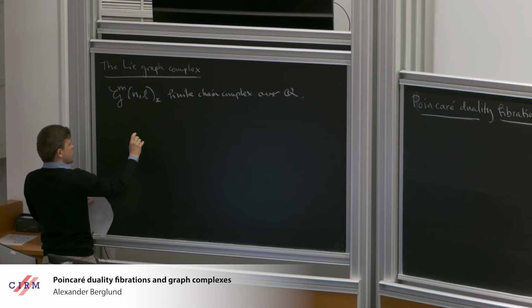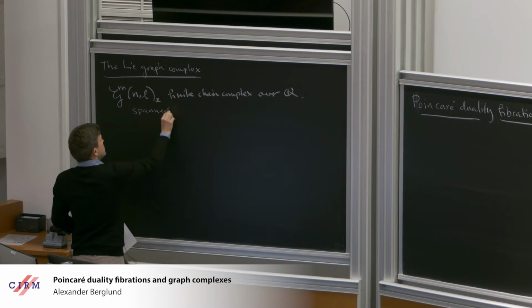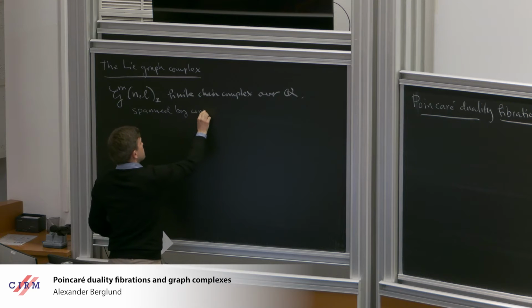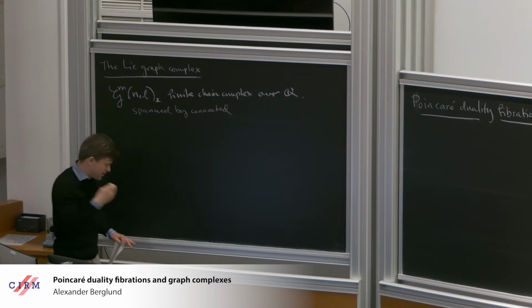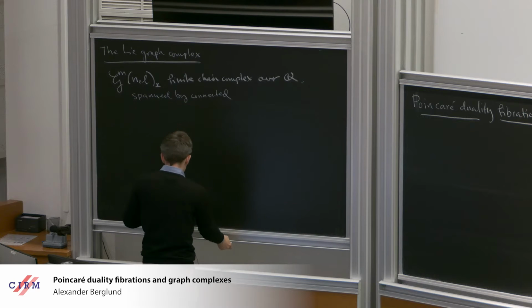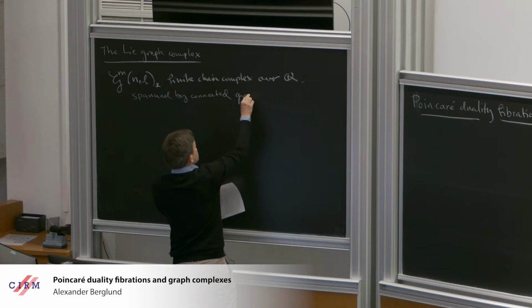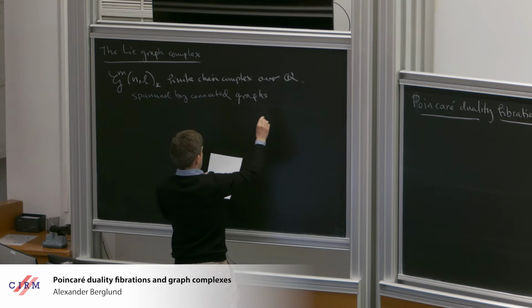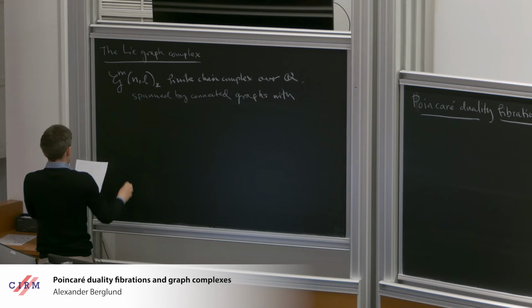This is a finite chain complex, and it's spanned by connected graphs. I'm not giving a formal definition here. I will just try to indicate what type of object this is, and then we'll move on. So connected graphs, and let me explain what the parameters are.